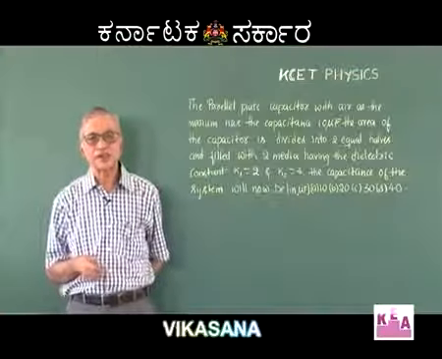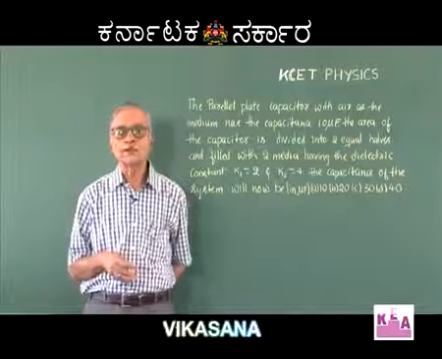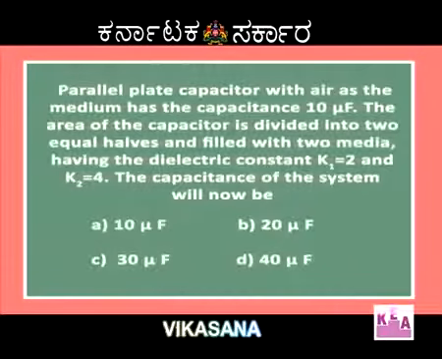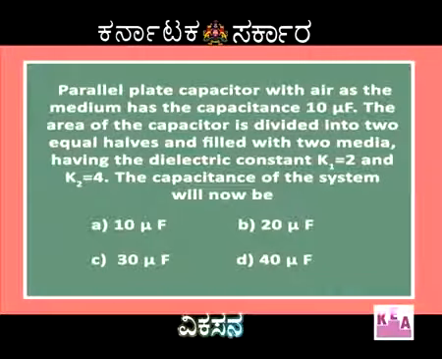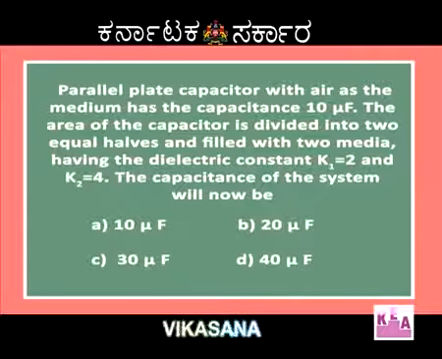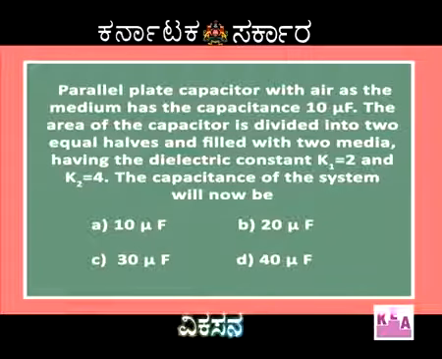The next two questions are very important from the concept point of view. I request you to please note the concept carefully. Now, I will take the next question. The parallel plate capacitor with air as medium has the capacitance 10 microfarad.